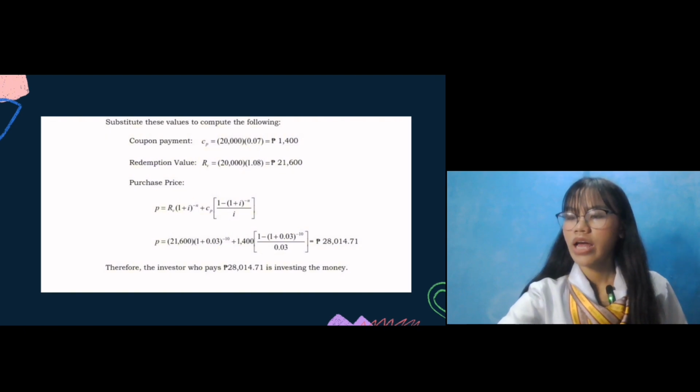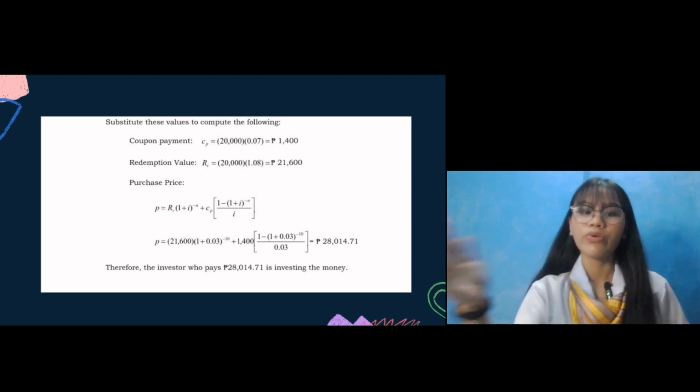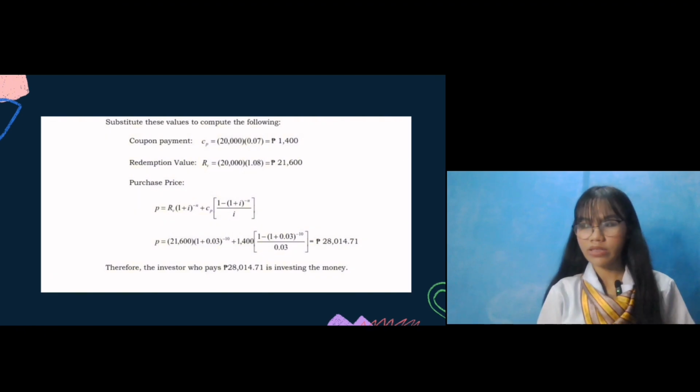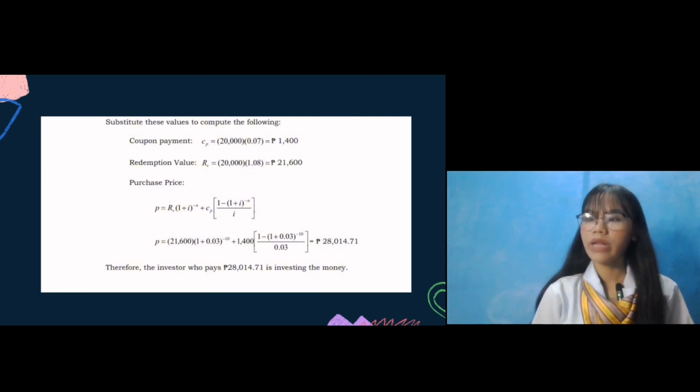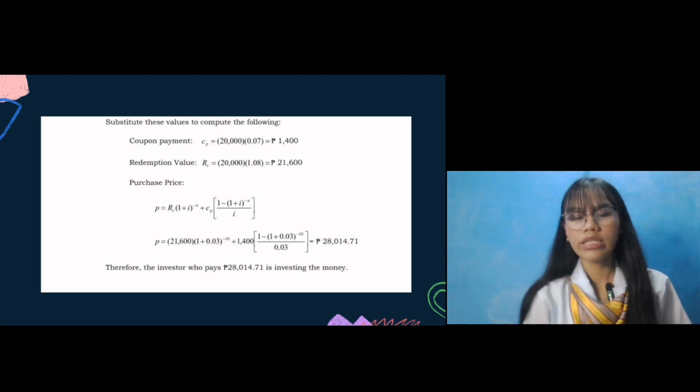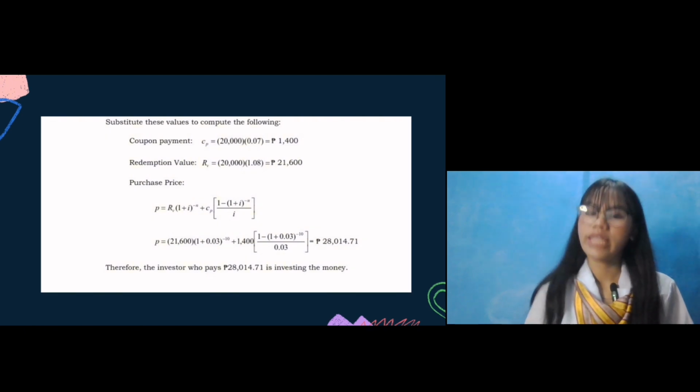And of course, after that, just add it to our C, which is our coupon payment, and the value for that is 1,400. Now, multiply it by 1 minus 1 again, but you need to put in your calculator the opening and closing parentheses, then plus 0.03, since that is our I, raised to negative 10. Why is it negative 10 again? Because our n is 10.